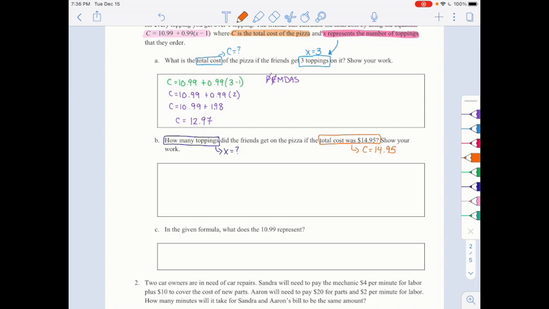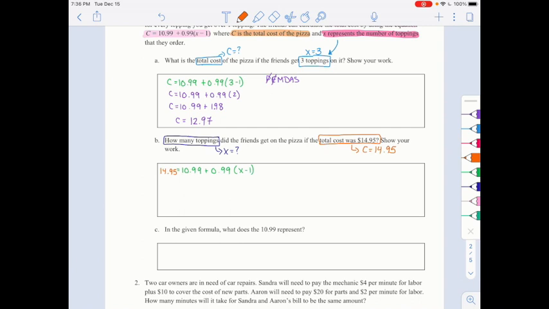I'm going to, again, use the equation I'm given. It's there for you. Let it benefit you. So I'm going to copy down my equation. C equals 10.99 plus 0.99 times (x minus 1). But I know C is going to be $14.95, so I'm going to sub that in.